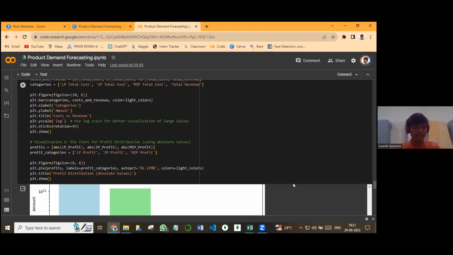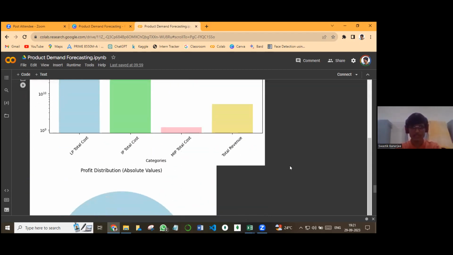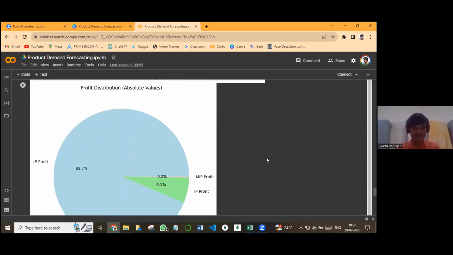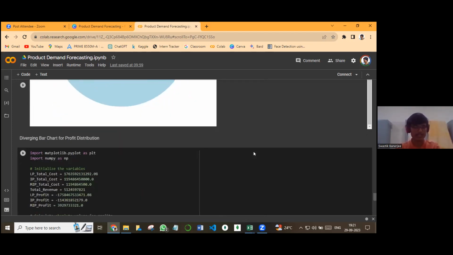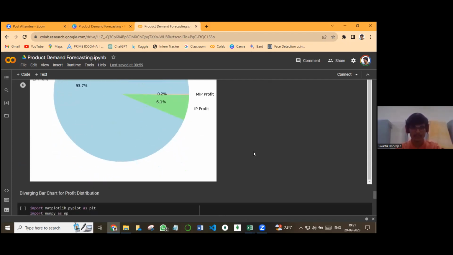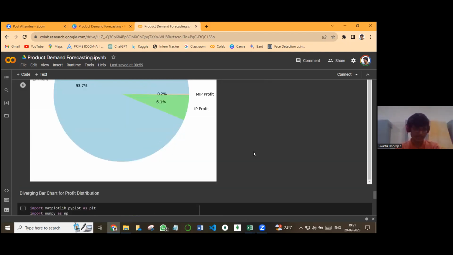I have the number in the key findings, the number that denotes the total revenue that we have generated, and also we have the profit distribution, which is the absolute values. For LP, we have the most profit. For MIP, it's very less. IP is in the middle. These are the absolute values. So MIP is the least because its absolute value is the least, although it has the only positive value.